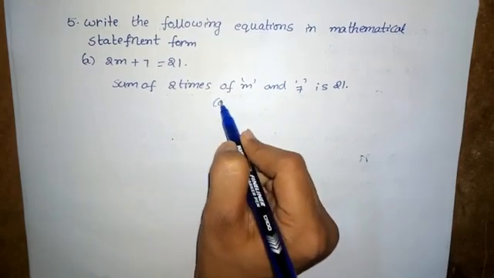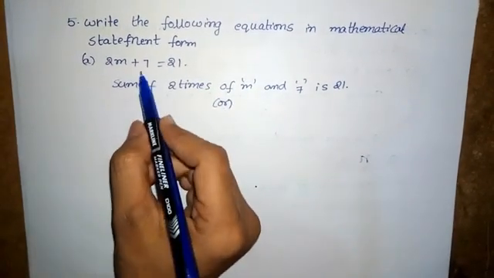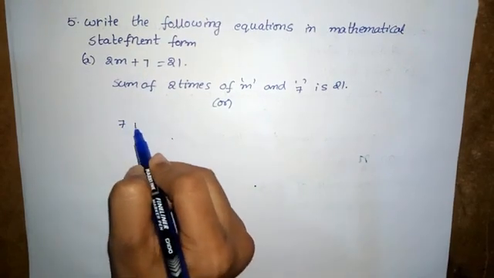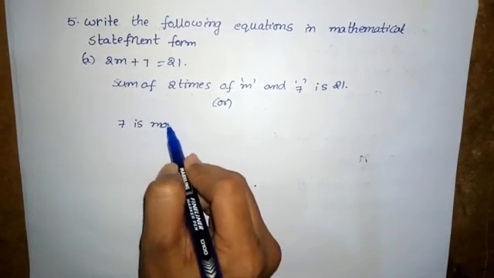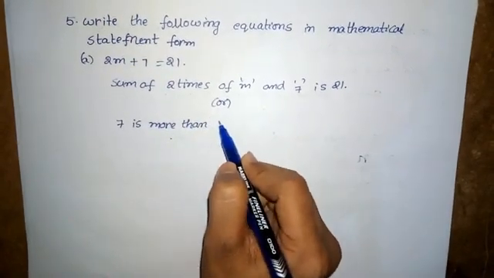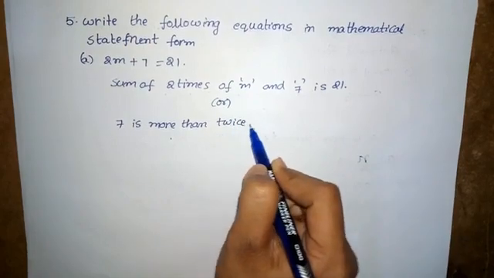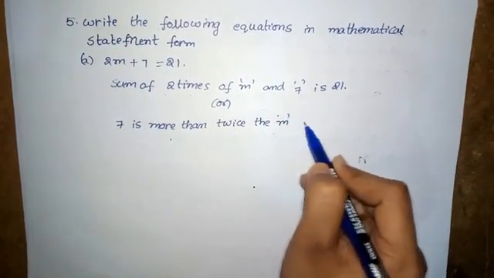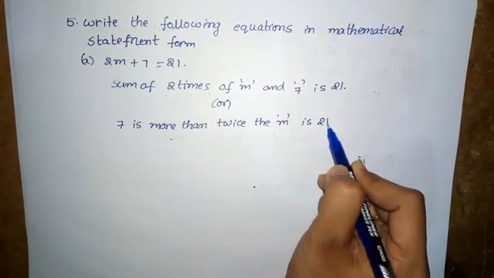In other words, plus 7 means 7 more than. So 7 more than twice m is 21.